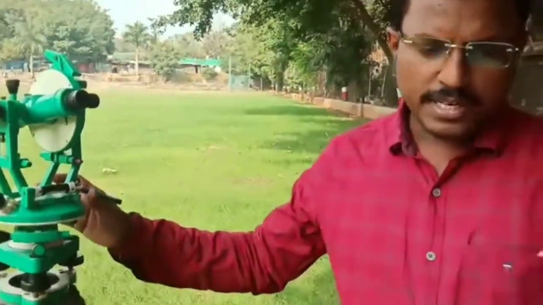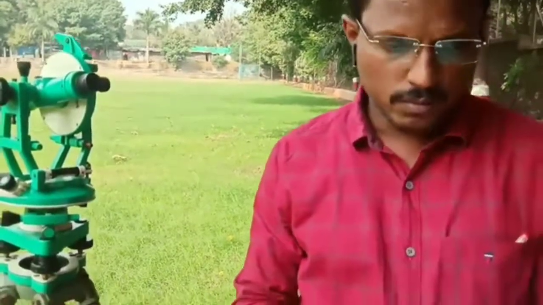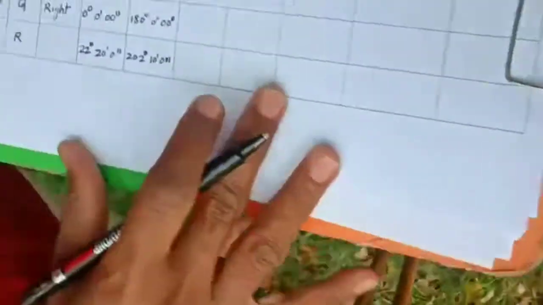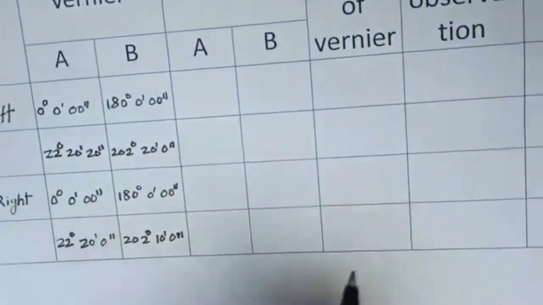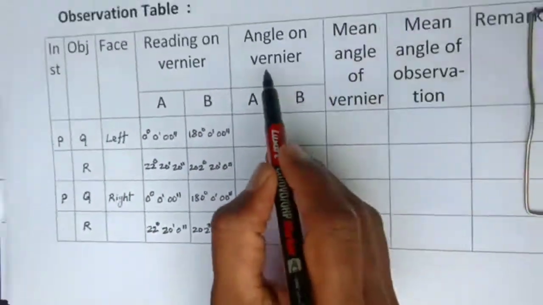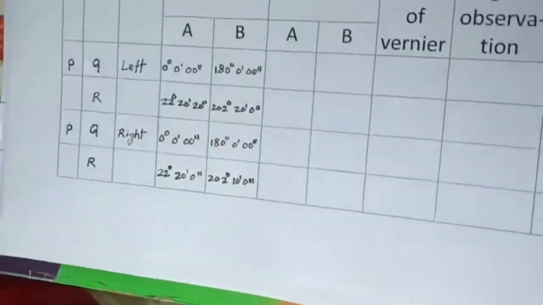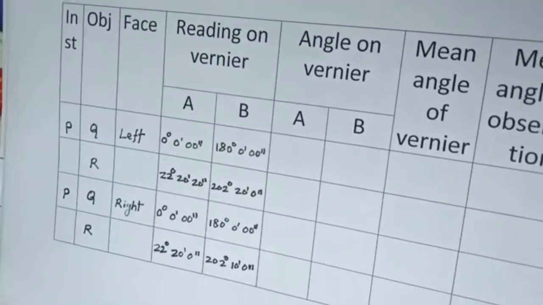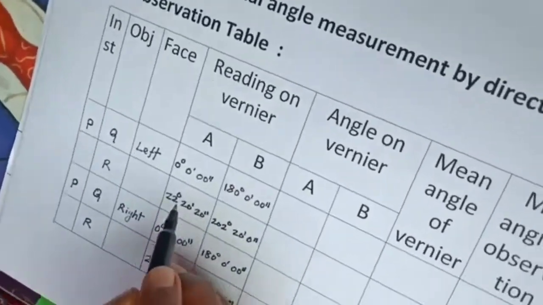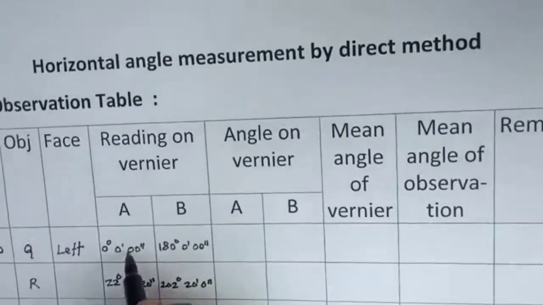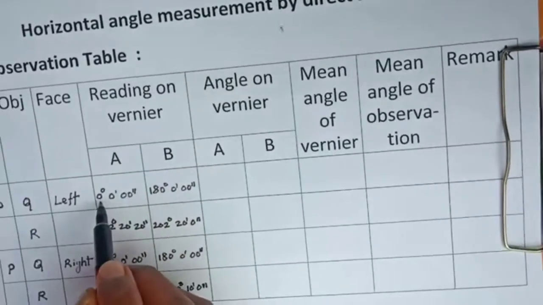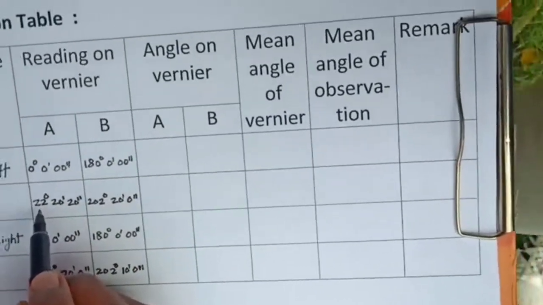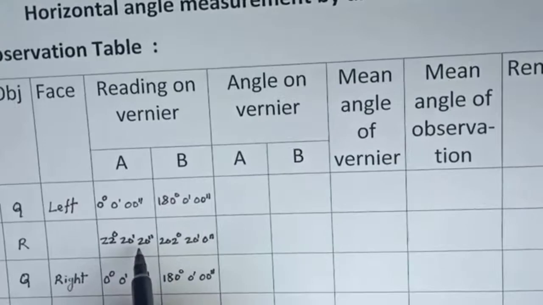Now the next part is the calculation part. See here the calculation of horizontal angle measurement. First, angle on vernier. How to find the angle on vernier? It is the difference between the two readings. See here 0 degree, and at A 22 degree, 20 minute, 20 second.